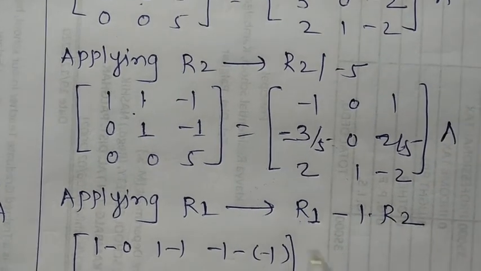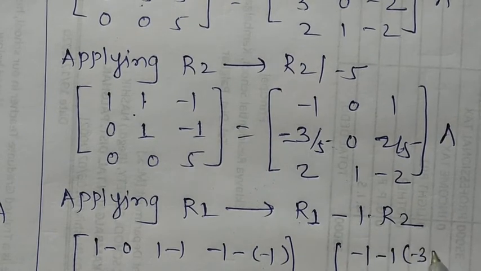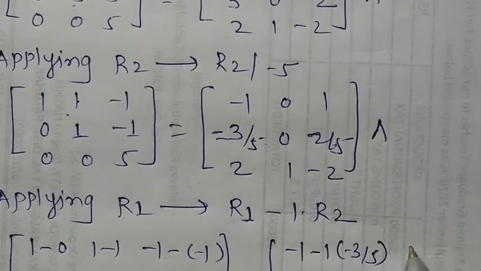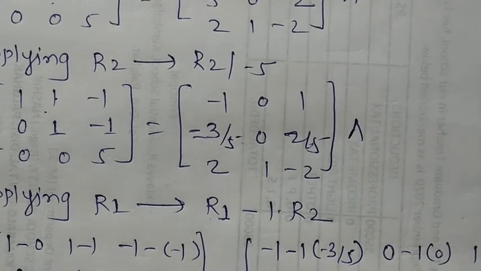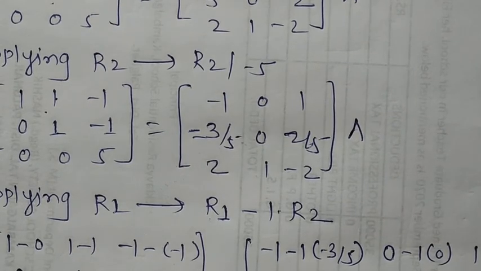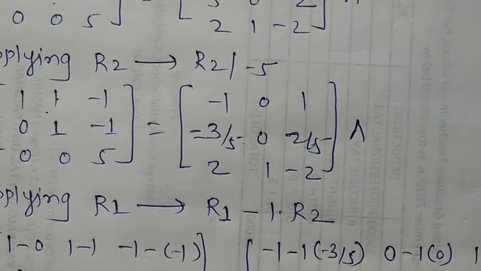Do the same on this side also: minus 1 minus 1 times minus 3 by 5, then 0 minus 1 times 0, and then 1 minus 1 times 2 by 5, also minus 3 by 5, 0, 2 by 5, and 2 1 minus 2 times A.